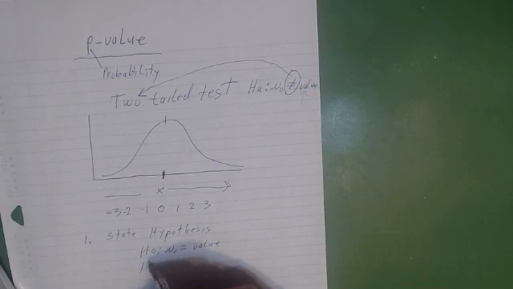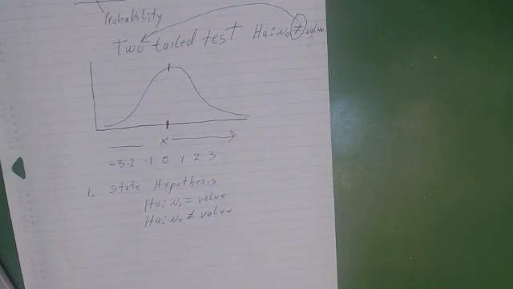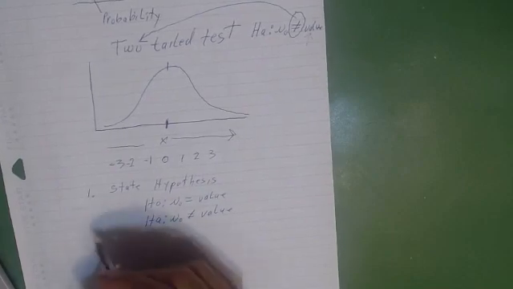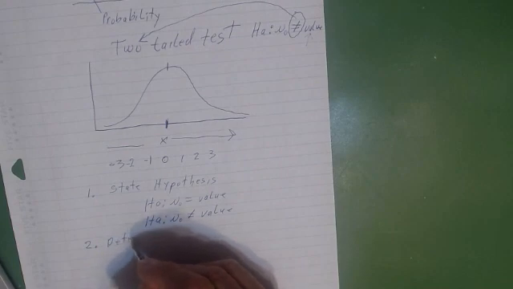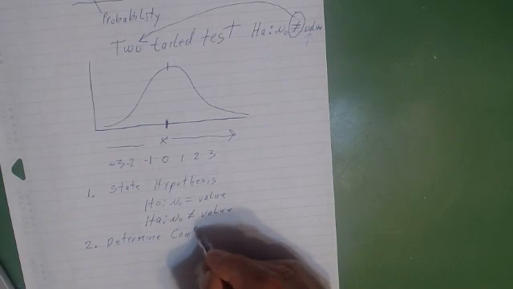And then you have to state what your alternative hypothesis is. So here we're going to say mu naught is not equal to the value. So this tells us it's a two-tailed test, okay? So what's the next step here? To determine confidence level of the test.